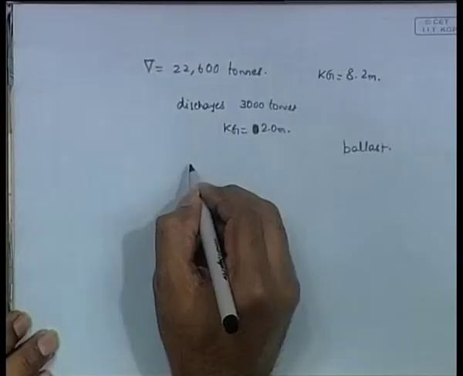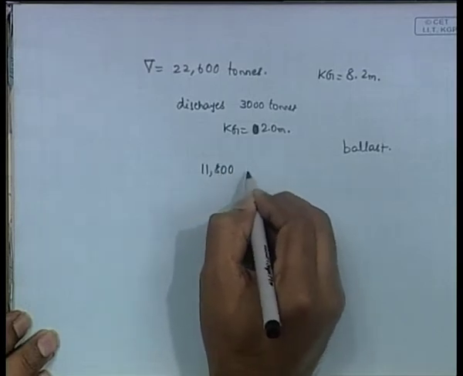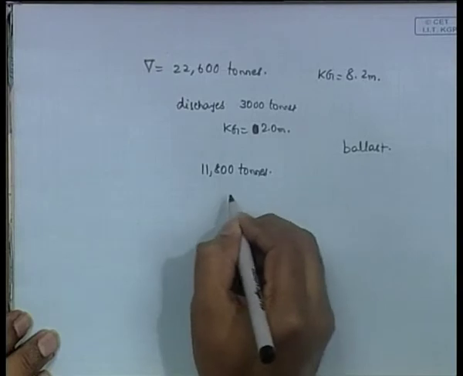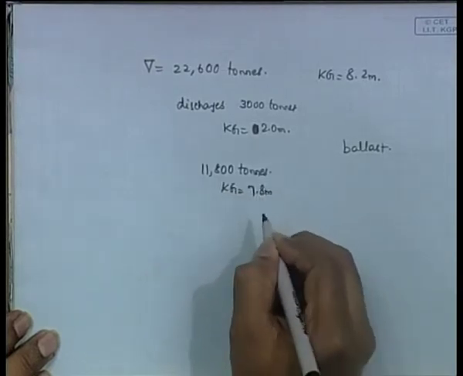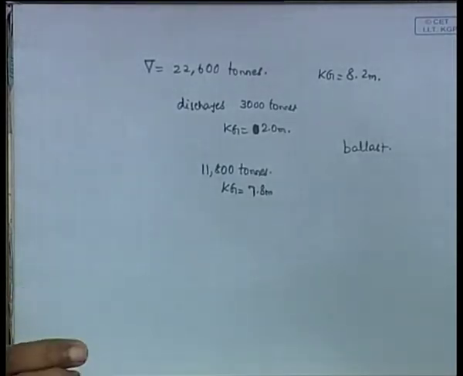Similarly, to make the problem, it says that the ship then loads 11,800 tons of cargo at a KG of 7.8 meter. Note that these are the different KGs of different weights: KG of the ship, KG of that ballast, KG of that cargo that is added.